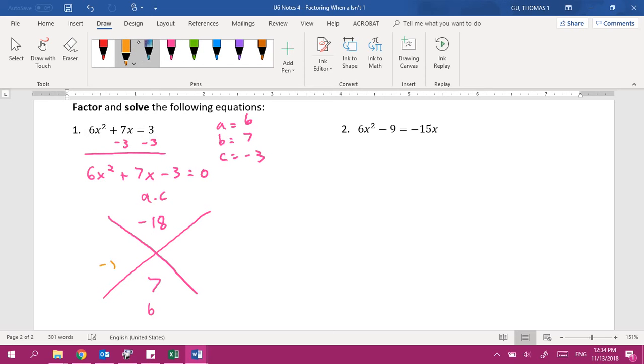Negative 2 and 9. What is my next step after this, though? Well, you're going to put a fraction line, right? And on top of the fraction line? 6x. How did you get that 6? It's a, whatever a is, and then x. So 6x and 6x.